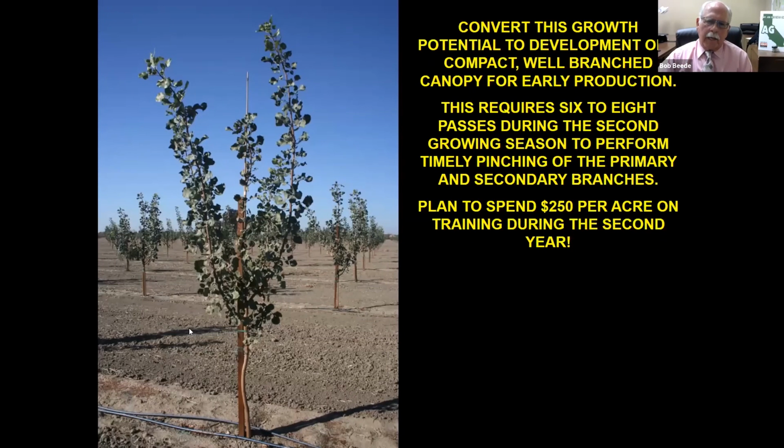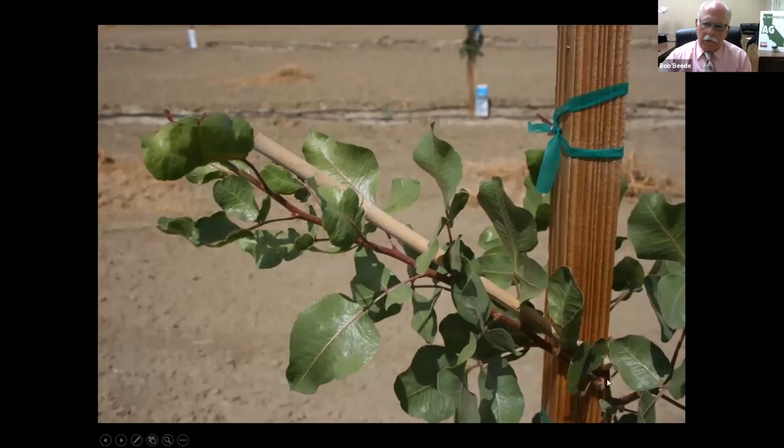Here's a tree that has not had the primary growth converted into secondary branching, and this may be because this orchard appears to be being converted over to a central leader system, but we would typically head these primary branches at 12 to 14 inches, and we attempt to have the lateral buds be what I call tangential to this axis of the stick.